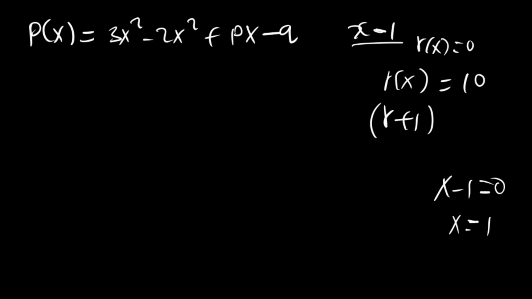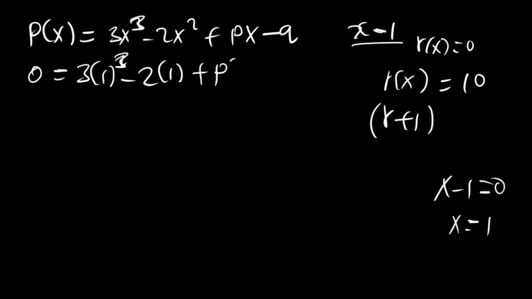So I'll say 0 will be equal to, I plug in 1, 3 times 1 to the power 3, minus 2 times 1, plus p times 1, minus q. So I'll have 3 minus 2 plus p minus q. These two will give me 1.